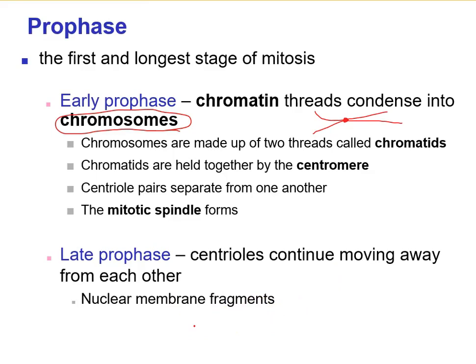So we can say that in general, during prophase, the cell starts to break down some structures, like the nuclear envelope fragments, and also build others up, like the mitotic spindle, and then we have other changes like movement of the centrioles. So it means that if I want to draw the early prophase, I can draw something like that.